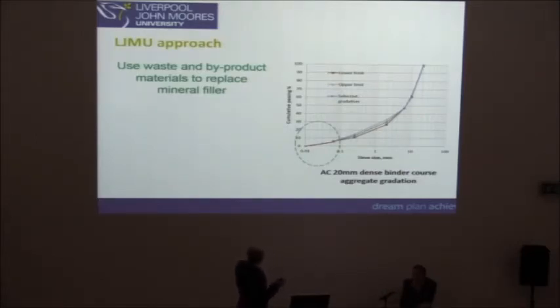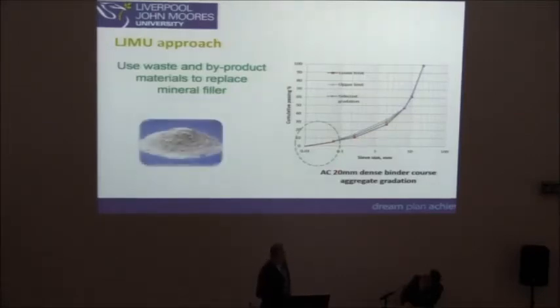It is the most common type of binder course used in the UK. Our strategy is to replace this part. It is the mineral filler, which is here 6% of the mixture. This is a picture to show what fly ash is.